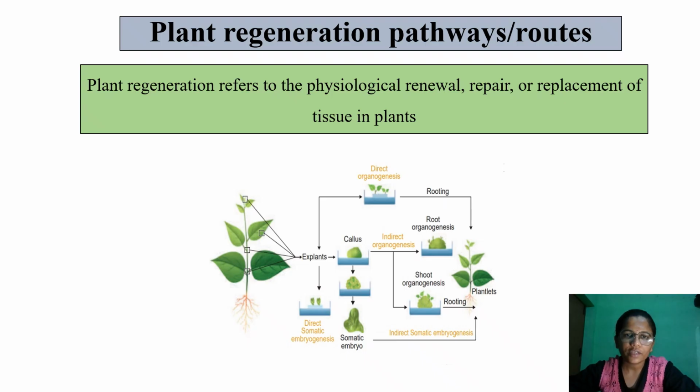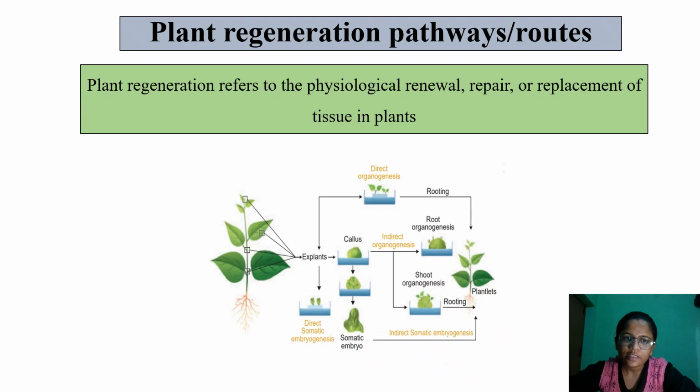The basic definition is that the plant will renew physiologically, and whatever damaged parts are there will be naturally repaired, and damaged parts will be replaced by new ones by the plant itself.